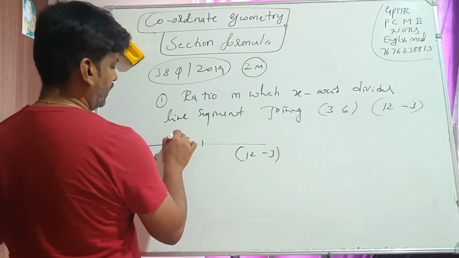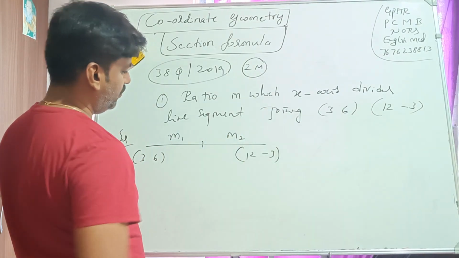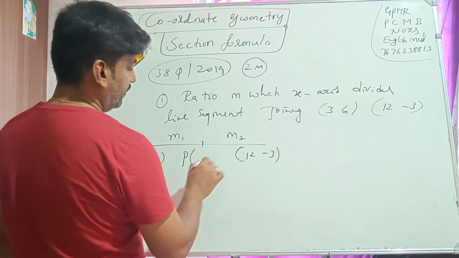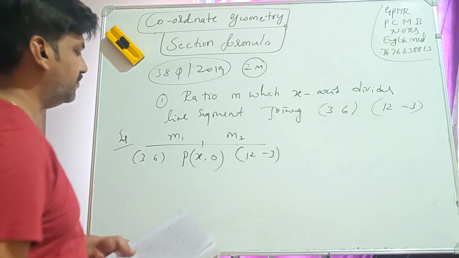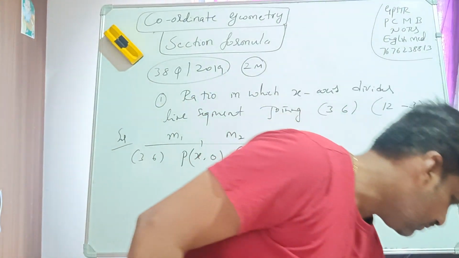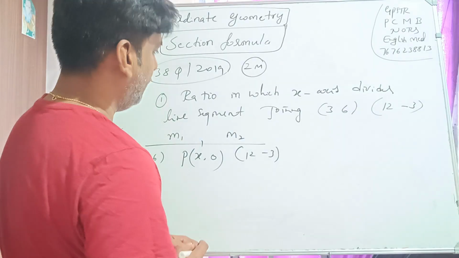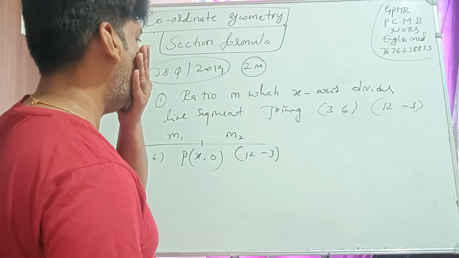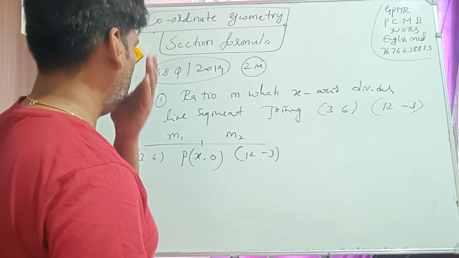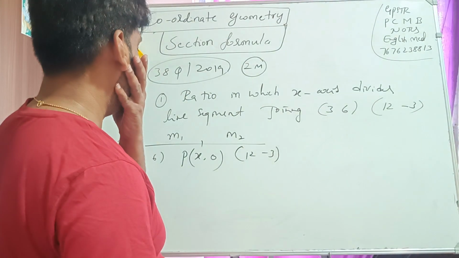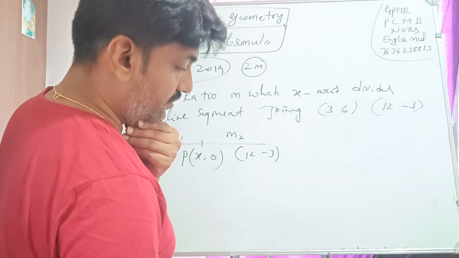So this portion I will call m1 and this portion I can call m2, and this point P, x is dividing, so I am taking the y value as 0, right? So that's what the question is, x is dividing. Now how to solve this problem? Can anybody tell me how to solve this problem?